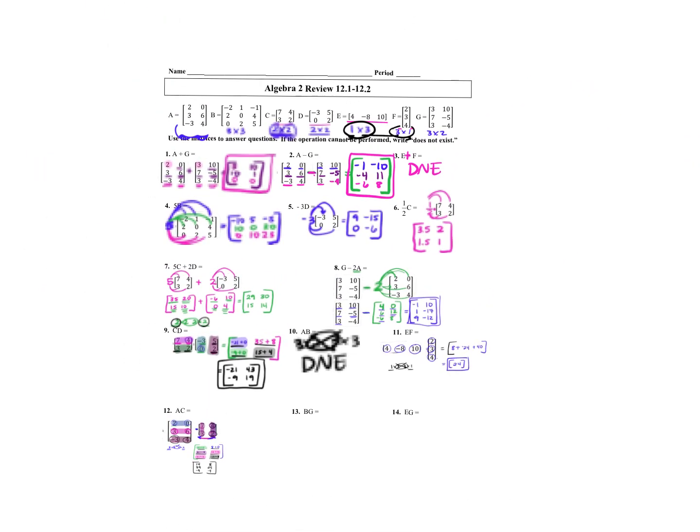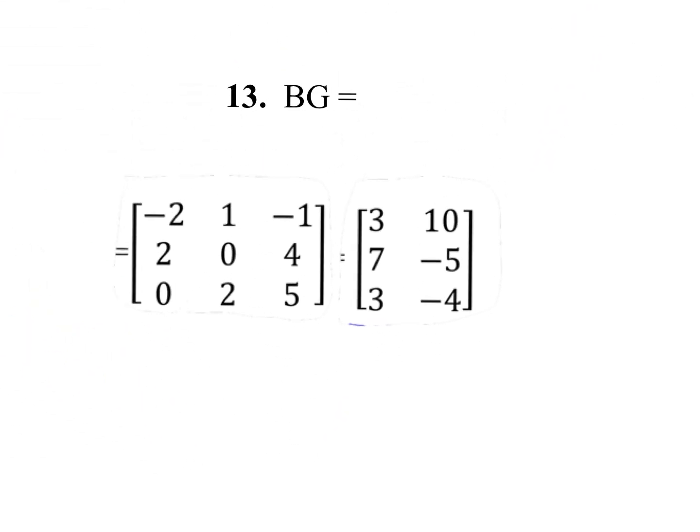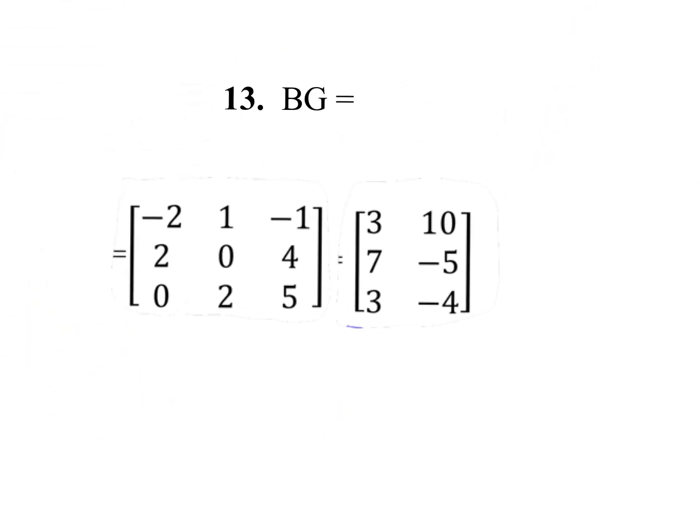B times G. B is a 3 by 3. G is a 3 by 2. So that's going to be a 3 by 2 when you're done with it. Here's B and G. So we're going to multiply first row with first column.